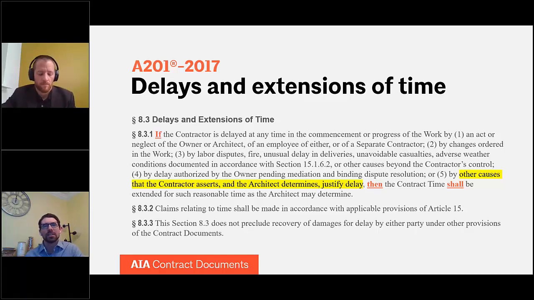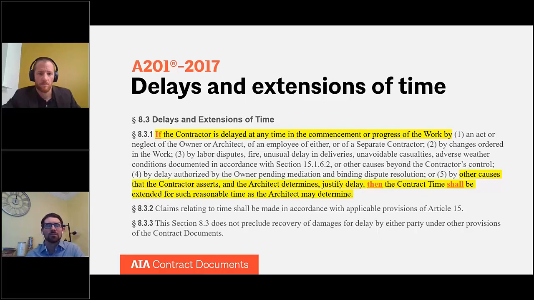And what you'll notice here is that if you pan out for a second and look at how the sentence reads now, if a contractor is going to rely on subsection 5, then the contractor has to be delayed at any time in the commencement or progress of the work by other causes that the contractor asserts and the architect determines justify delay, then the contract time shall be extended.